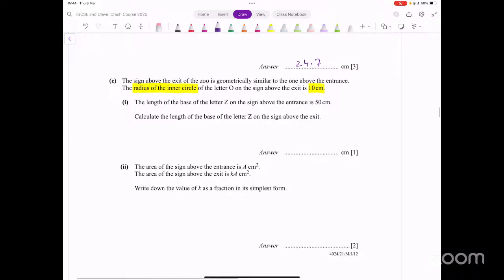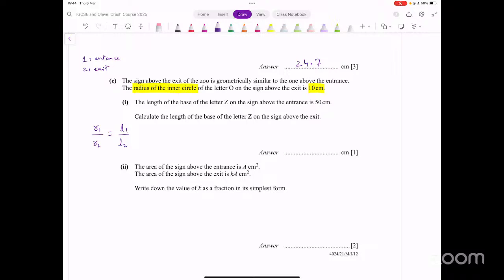In similar figures, the ratios of sides are equal. So we can say radius of the inner circle, and we're talking about entrance and exit, right? Let's call number 1 entrance and number 2 exit. So what we're talking about is the ratio of the radii that should equal the ratio of the lengths of the bases.